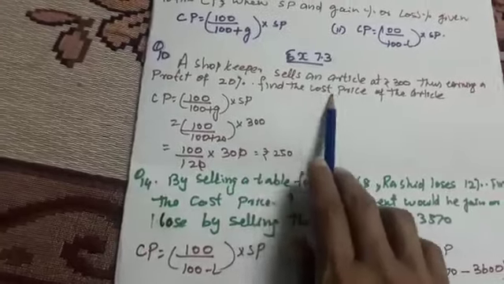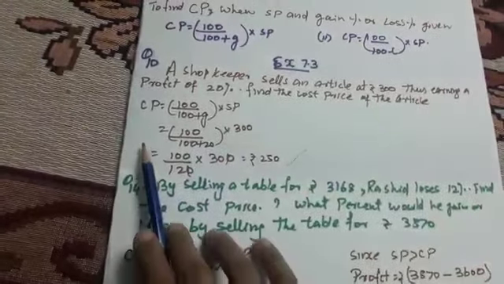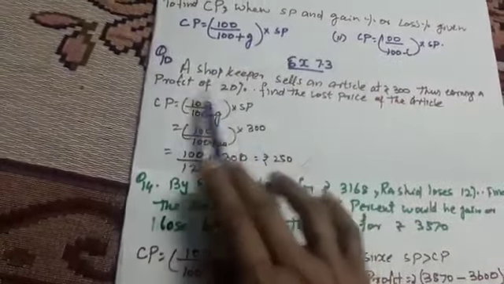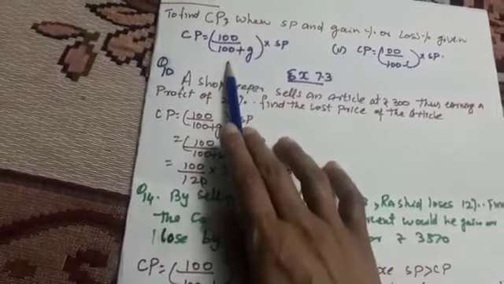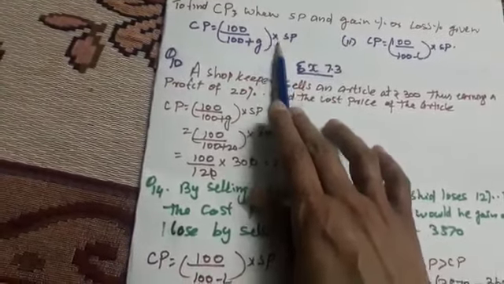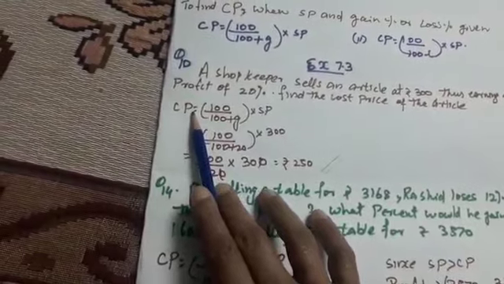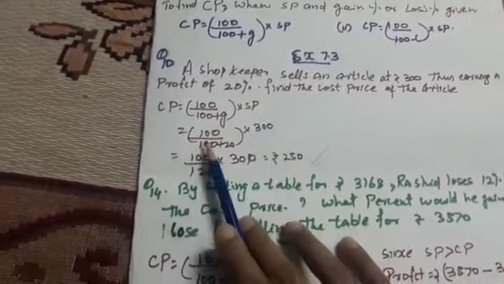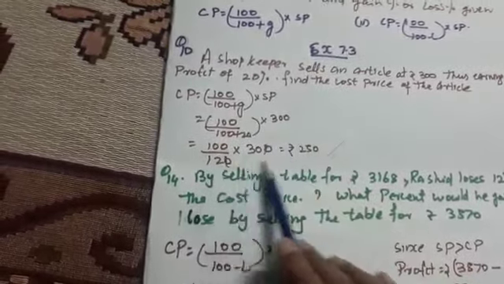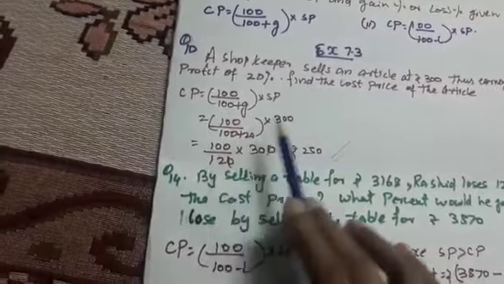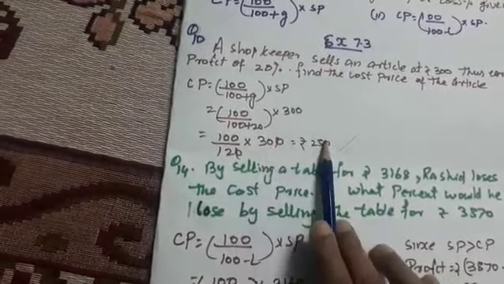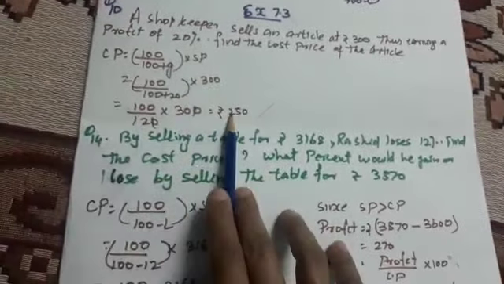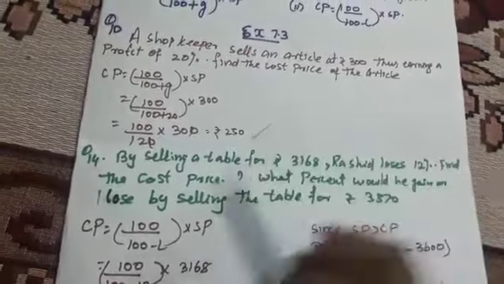I read the question one more time. Here you have to find the cost price, that is the CP of the article, and we know the formula for CP when a profit percentage is given to you: 100 upon (100 plus gain percent) into SP. So CP equals 100 upon (100 plus 20) into 300. 100 plus 20 is 120 into 300. On simplification, we get rupees 250. That is, the cost price of the article is rupees 250.